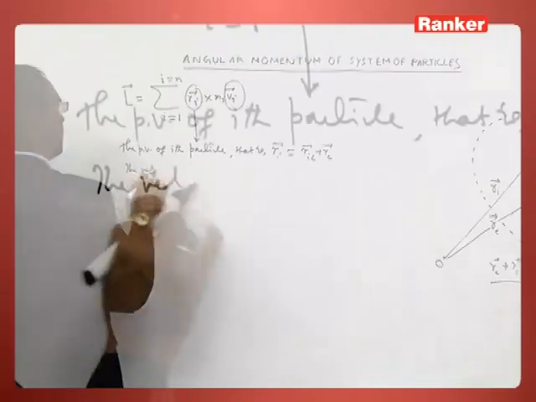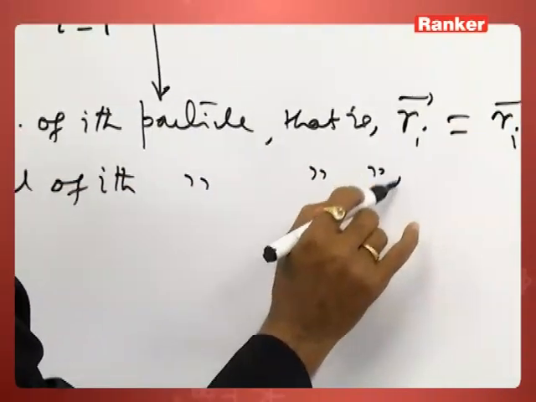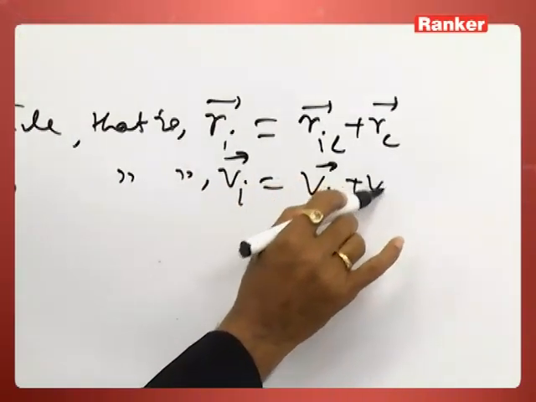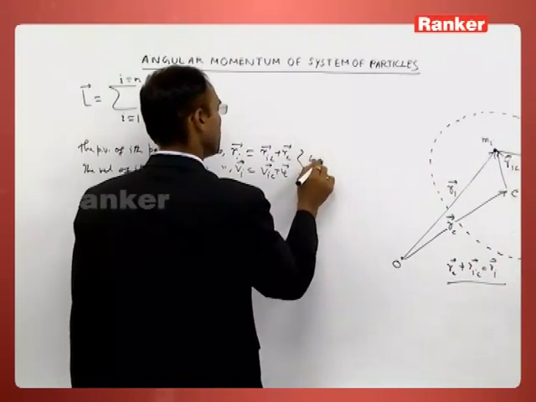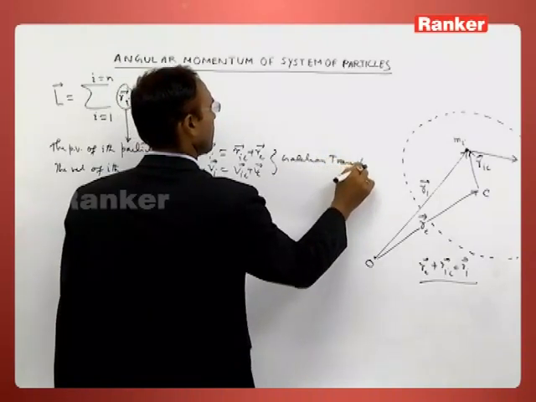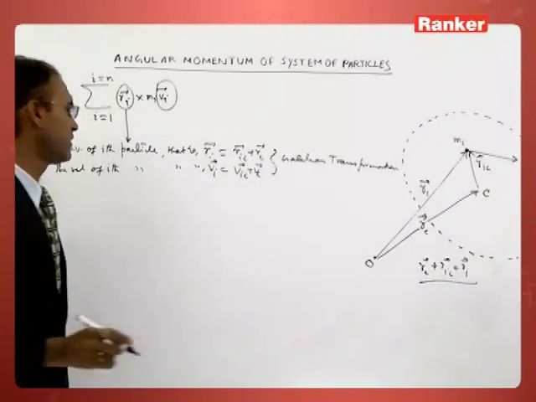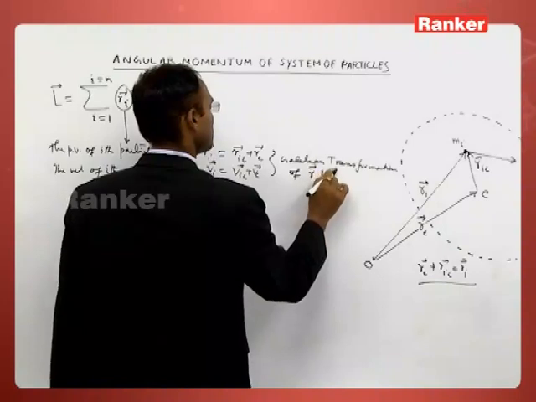The velocity of ith particle, that is vi, can be given as vic plus Vc, according to Galilean transformation of displacement and velocity.